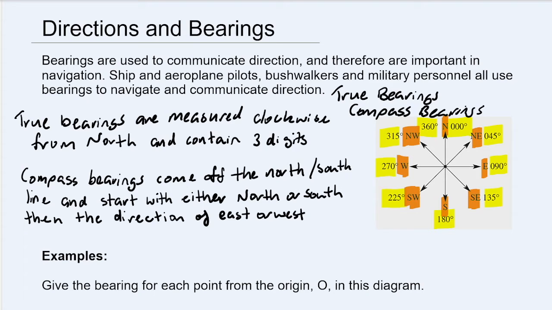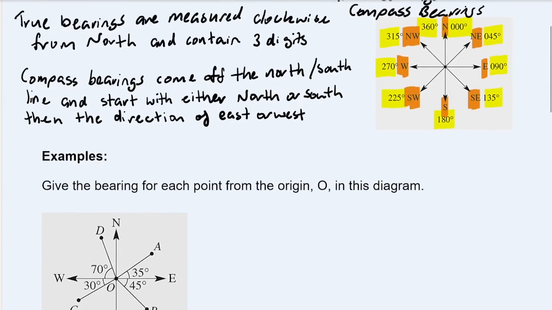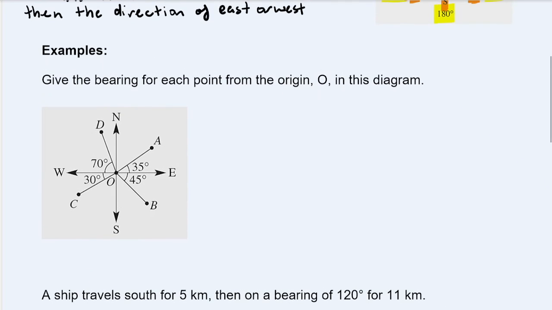Now let's see these in action. We want to give the bearing for each of the points in this diagram from the origin, which is 0. Let's look at A. A comes out and is 35 degrees from E. Now E is 90 degrees from north.